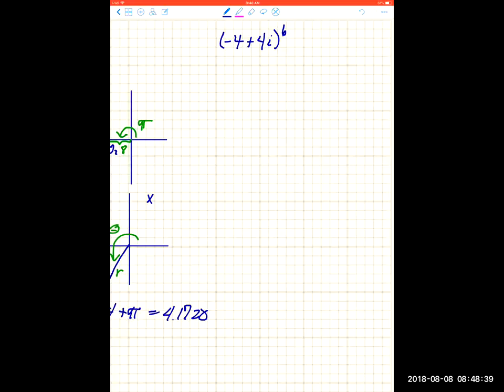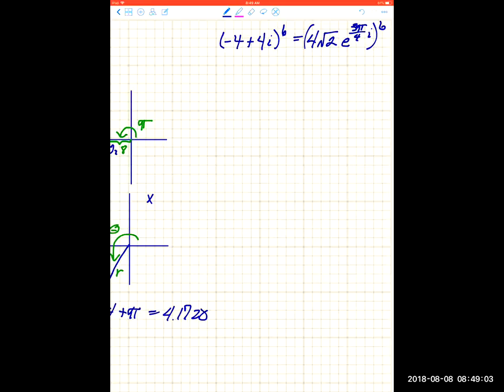You do it just like I did the next to the last one. And what we find is that this can be rewritten as 4 times the square root of 2 times e to the 3 pi over 4i, all to the 6th power.